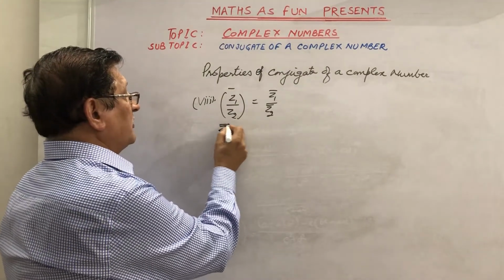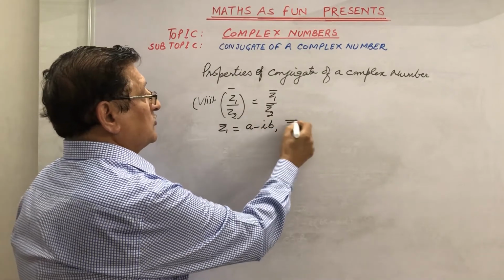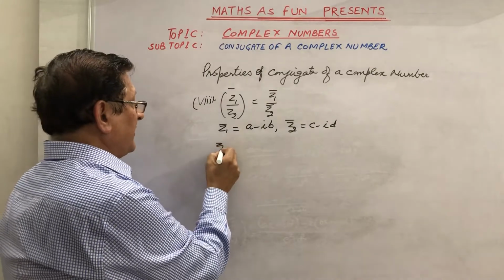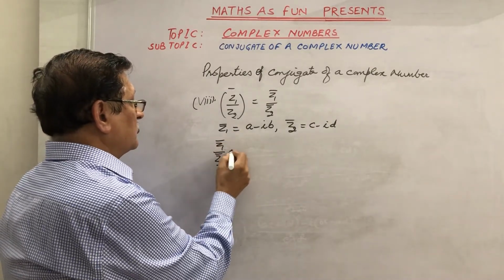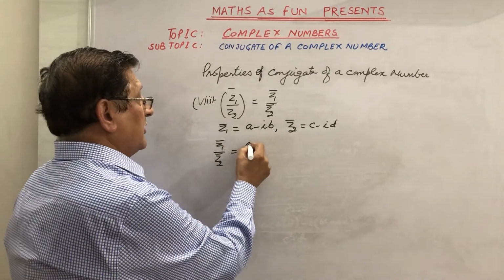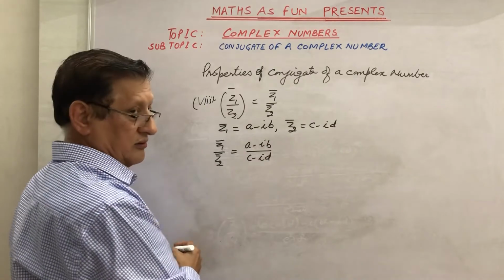Now we know z1 bar is a minus ib. Z2 bar is c minus id. If we divide z1 bar upon z2 bar, that is (a minus ib) upon (c minus id).